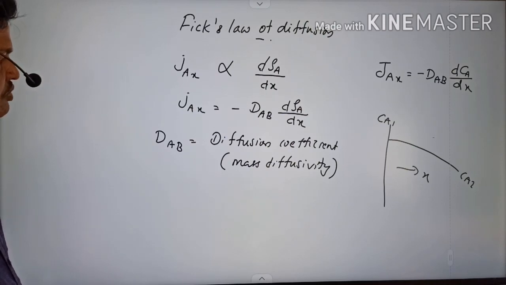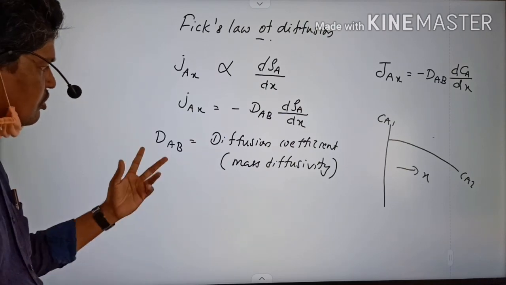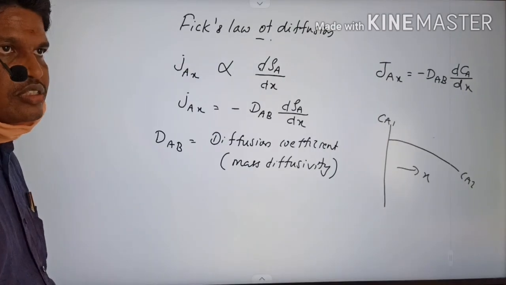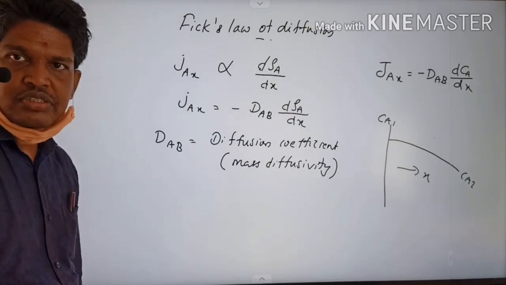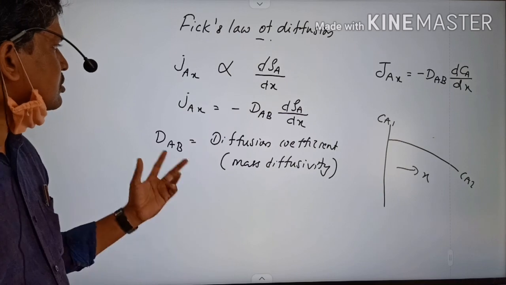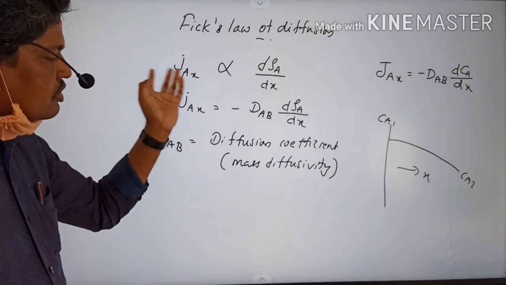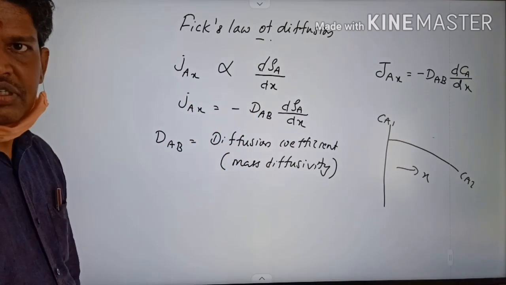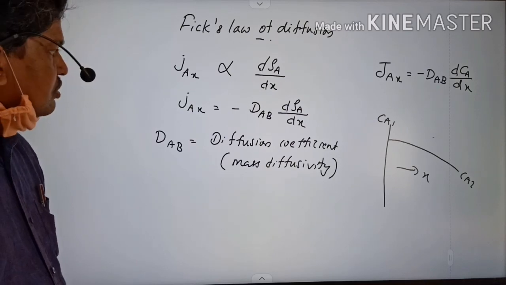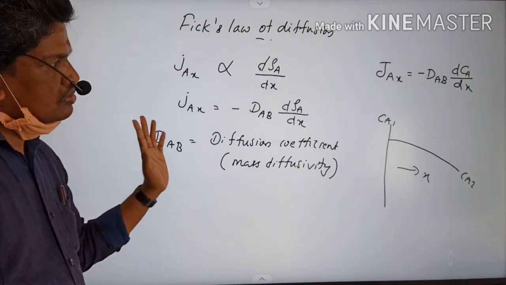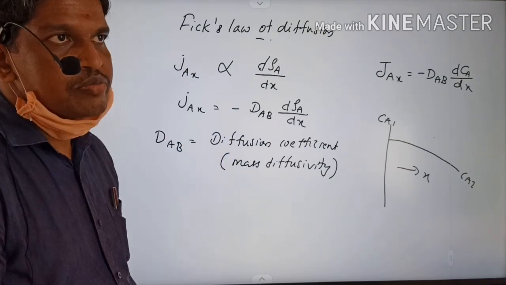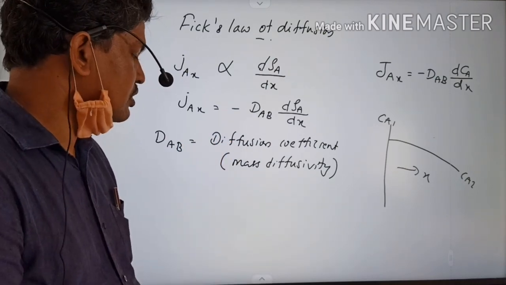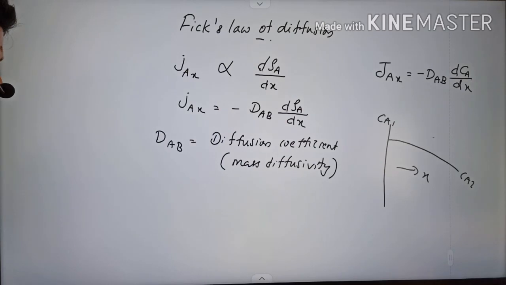The constant is known as the diffusion coefficient or mass diffusivity, which is actually a complex parameter that depends on many parameters like pressure, temperature and composition, because mass transport involves some motion. So it depends on pressure, temperature, velocity, etc. It depends on the flow condition also.